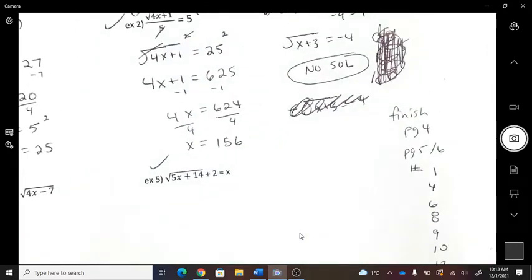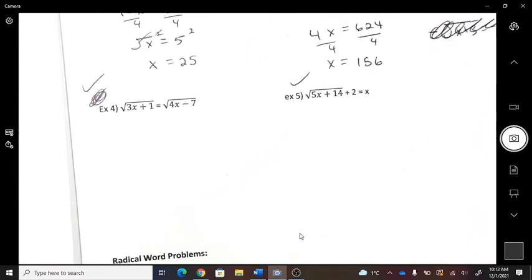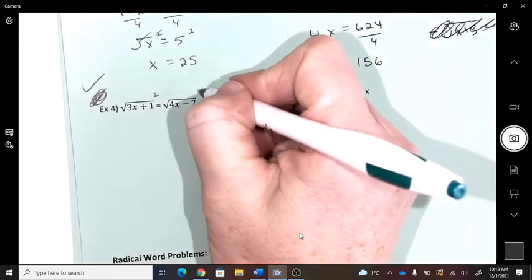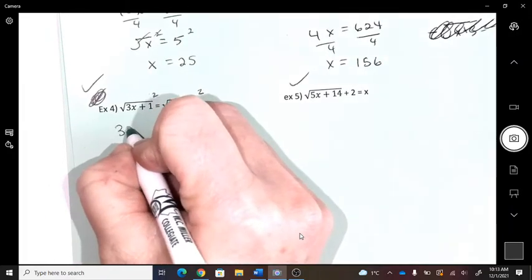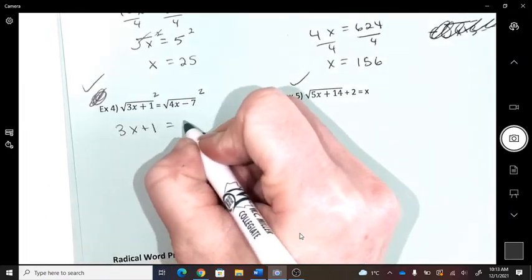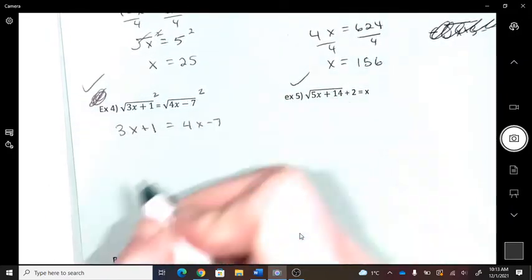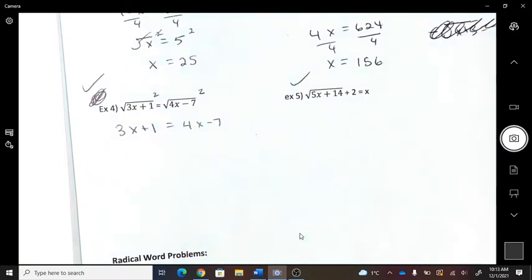Okay, number 4. What would you want to do with something like this? Square both of them. So then it eliminates the square root. Algebra says I'm going to want to isolate because I only have x's as a variable.